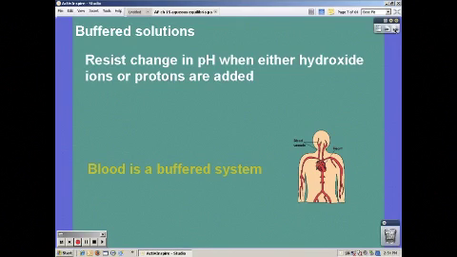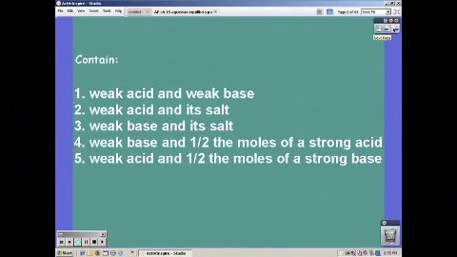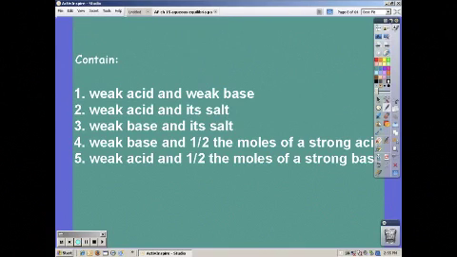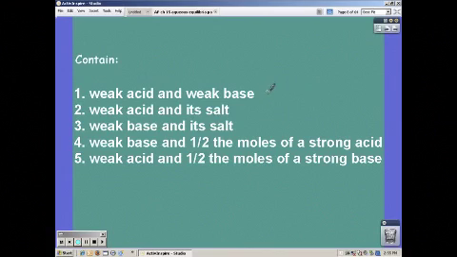So a buffer is a solution that resists change in pH whether you add acid or base to that. The best example of a buffer is your blood. It's able to withstand small amounts of acid or base without changing pH. So there's 5 ways that you can have a buffer.